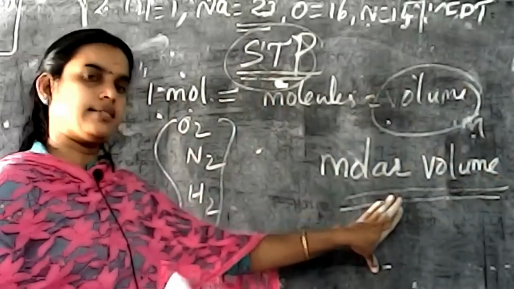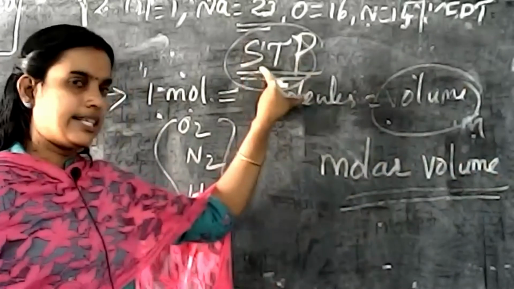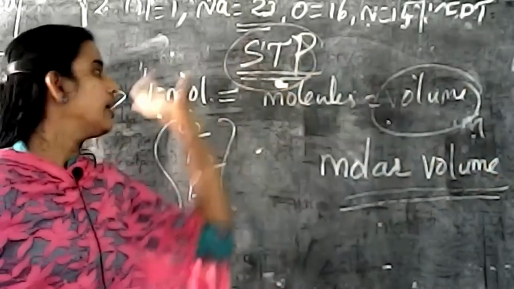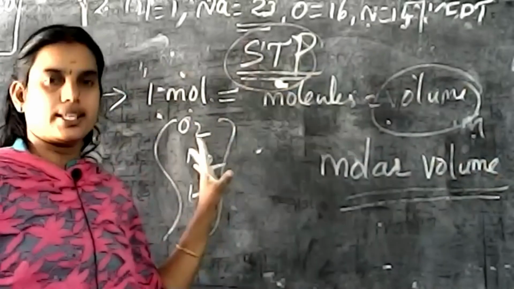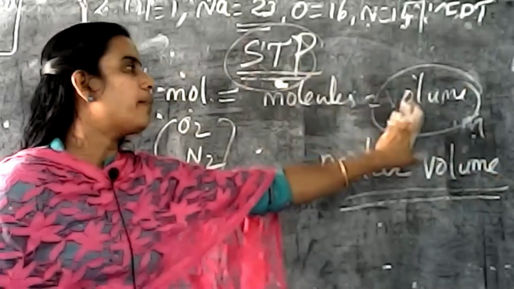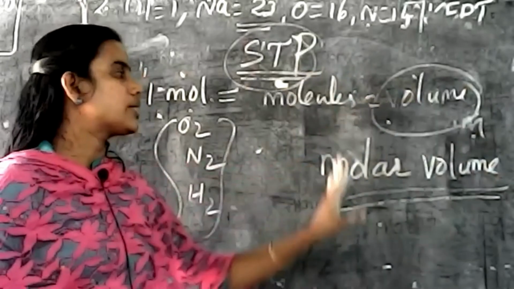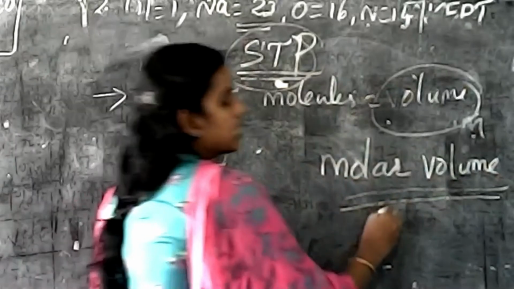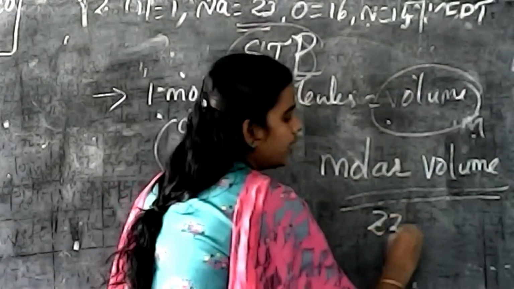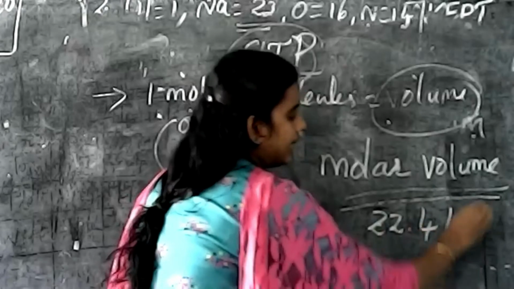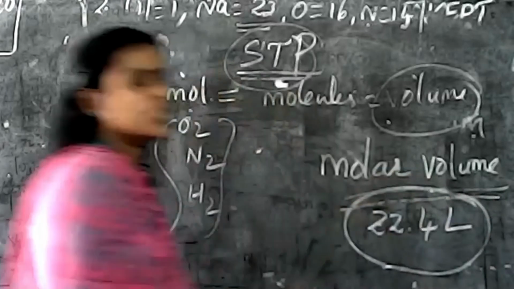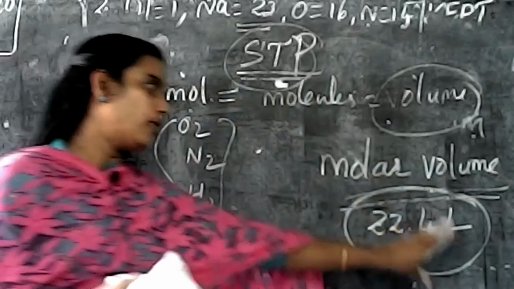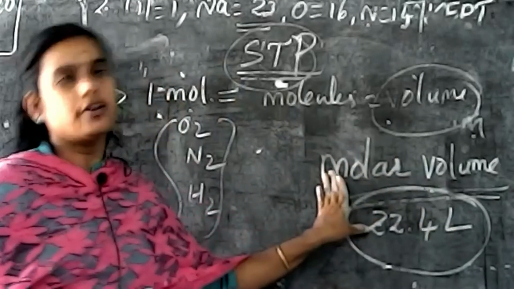At STP, 1 mole of any gas occupies equal volume, and that volume is known as molar volume. The value of molar volume is 22.4 liter.